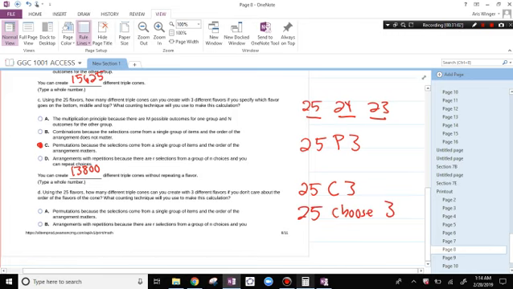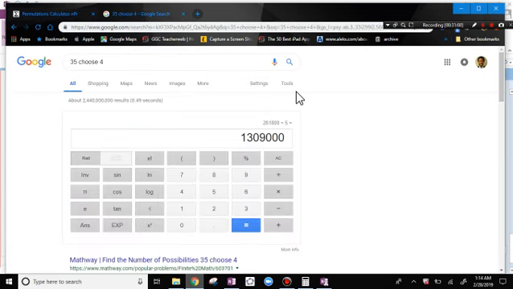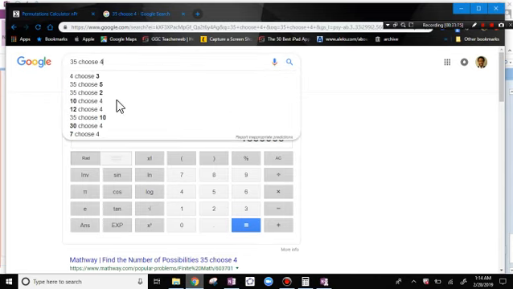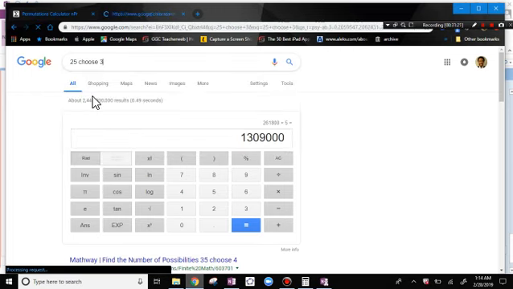We call it choose because you get to choose any 3 where you just don't care about the order. So we have 25 flavors, we're going to choose 3 of them. That is 2,300.